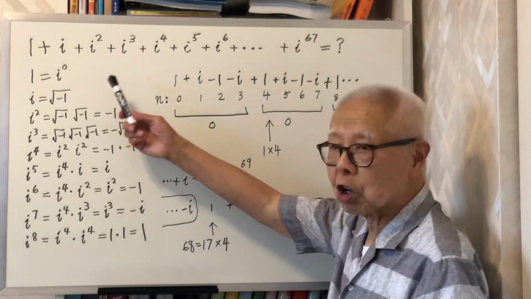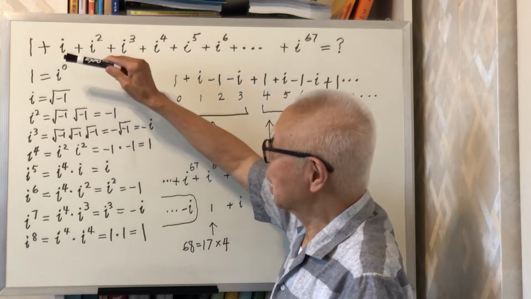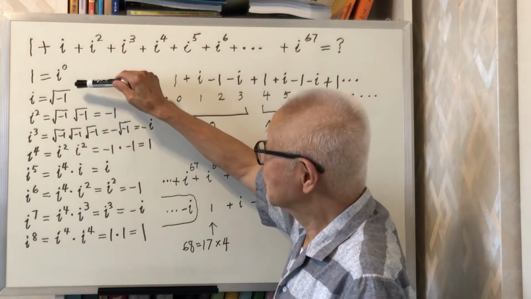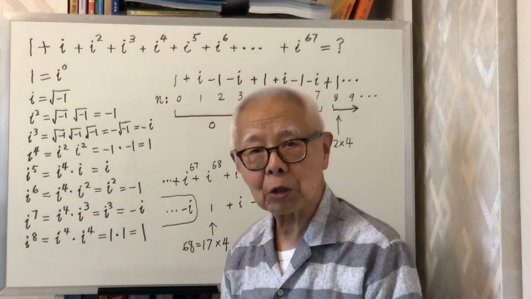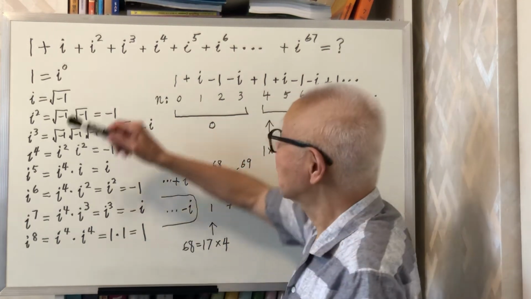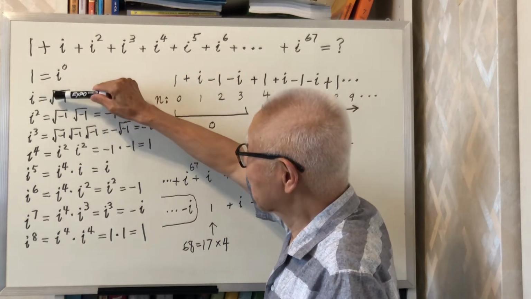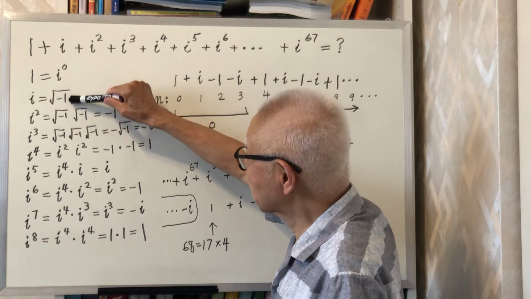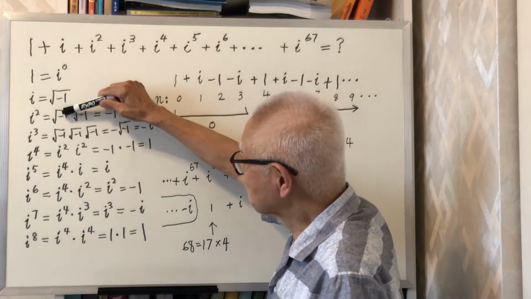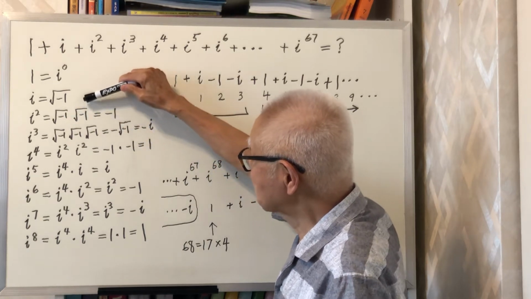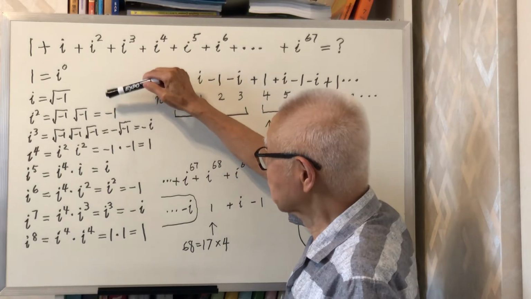We look at each term separately. 1 can be written as i to the power 0. Anything to the power 0 is 1. i is defined as square root of -1. i squared is square root -1 times square root -1, and the answer is -1.